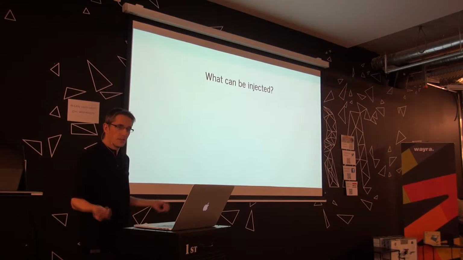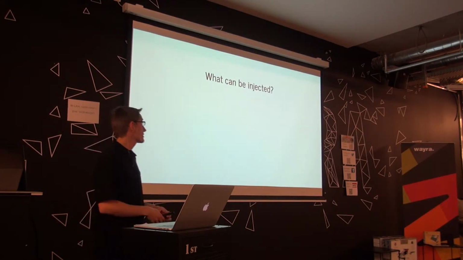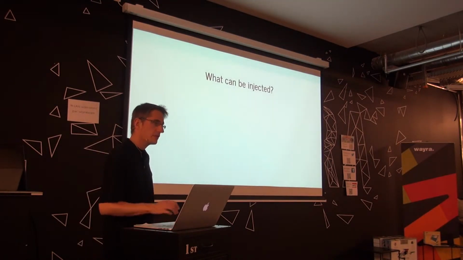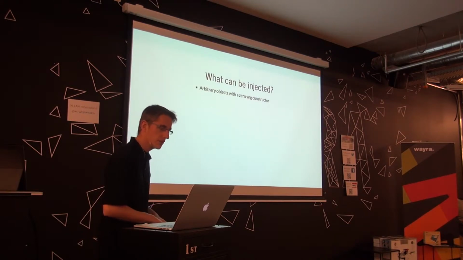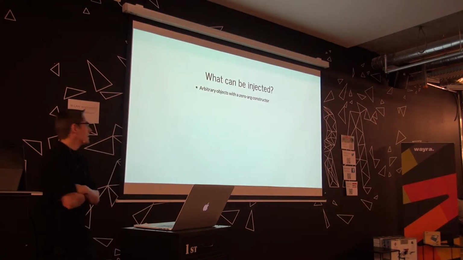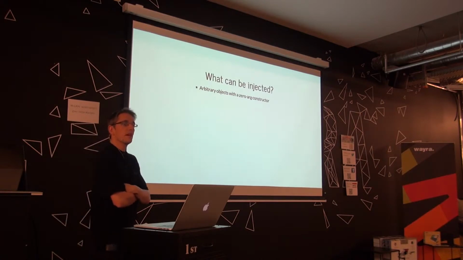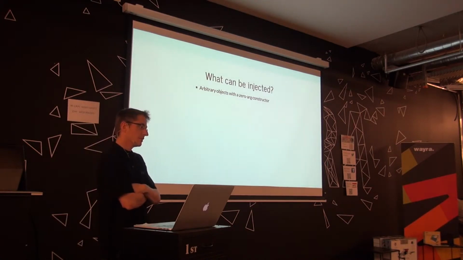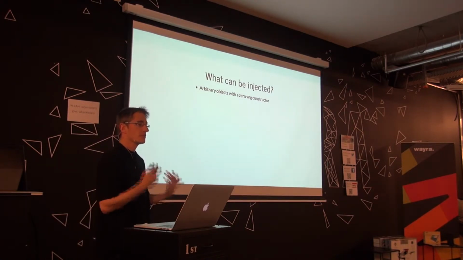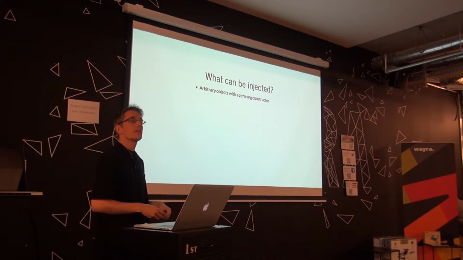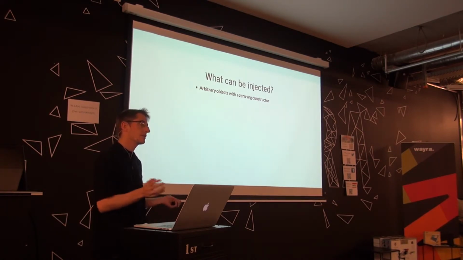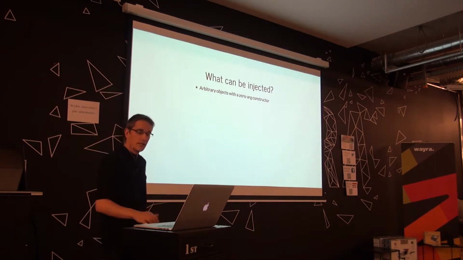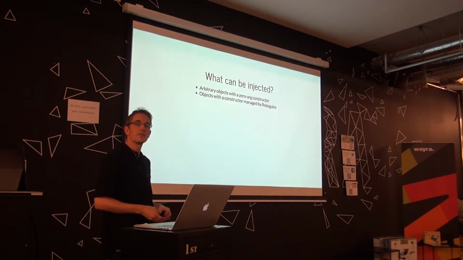Yeah, so what can be injected? Well, there's a lot of objects that can be injected. First of all, there's zero-arg constructor objects. So every time we got an object that has a constructor that we can directly call, we can inject it. We can also inject all the objects that are managed by RoboJuice itself.